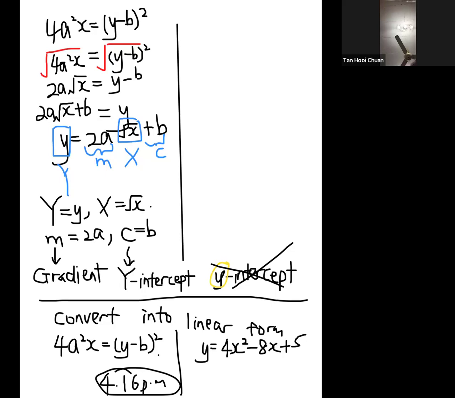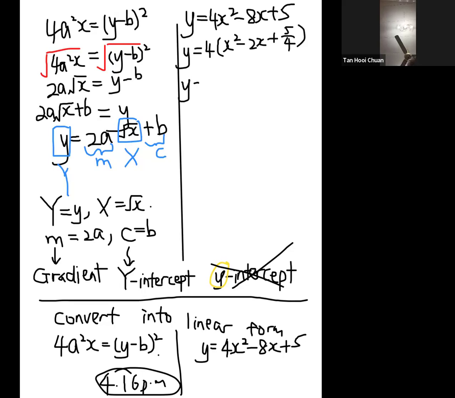Okay, how about this one? This one maybe is a bit harder because some of you don't know the completing square. I think if they want to come out, it will come out something like this. I show it to you. Step one, you take out the 4. Step two, completing square, you need to practice a lot.